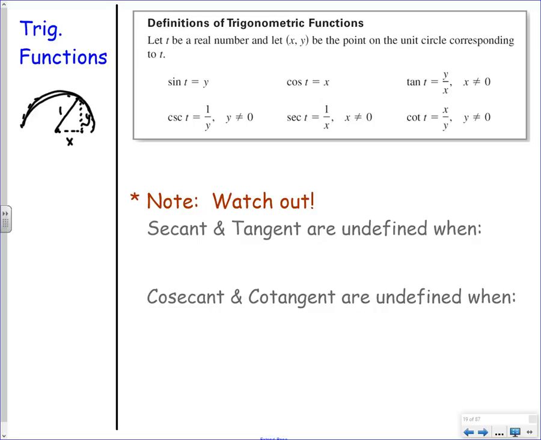The y, opposite over hypotenuse, will always be the sine of the value. And if it helps you to draw the triangle for a certain angle, you could keep going and say, well, tangent is y over x, or opposite over adjacent. Cosecant, you flip the sine. Secant, you flip the cosine. Cotangent, you flip the tangent.